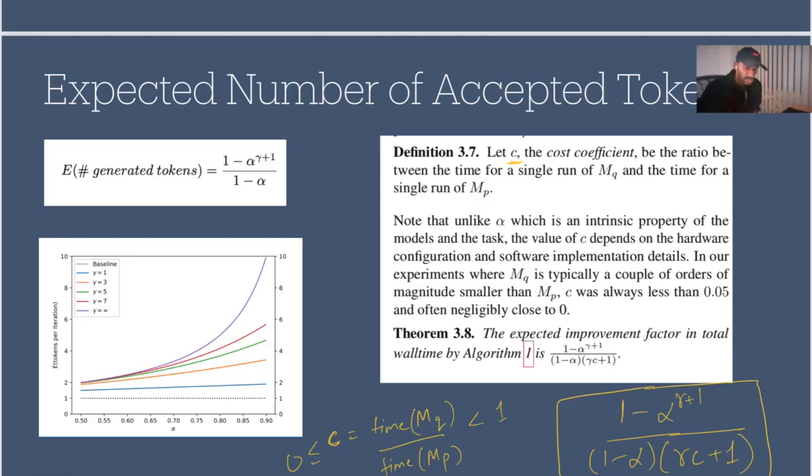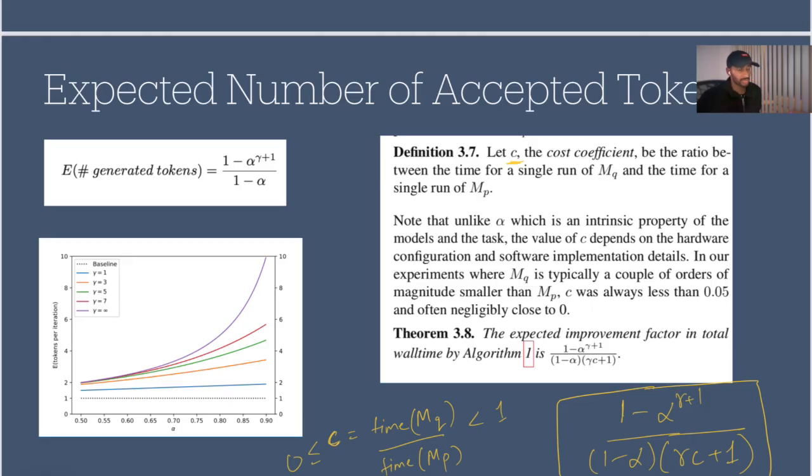So here we can see that there's a trade-off between acceptance rate and wall time improvement, right? So intuitively, if we use a decent sized model in speculative decoding so as to be able to accelerate a bigger model, the smaller model itself might take a decent amount of time.